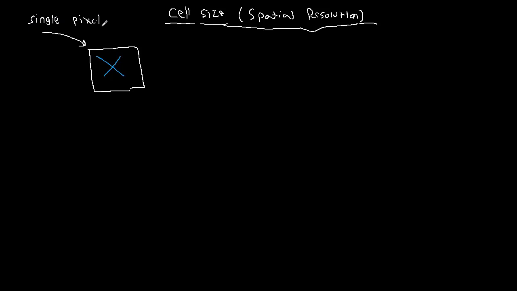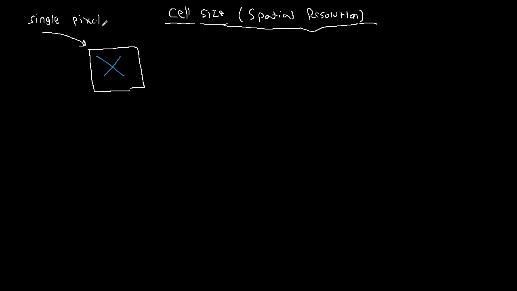Right, a single pixel with some value in it. And we said before, right, that the idea of raster data is that we take an area and we break it up into evenly sized grid cells. And in each grid cell, we estimate whatever we're trying to measure for that area.